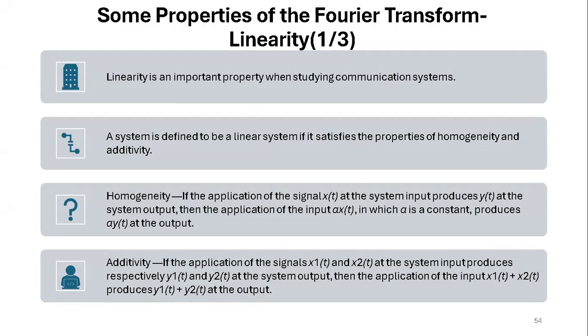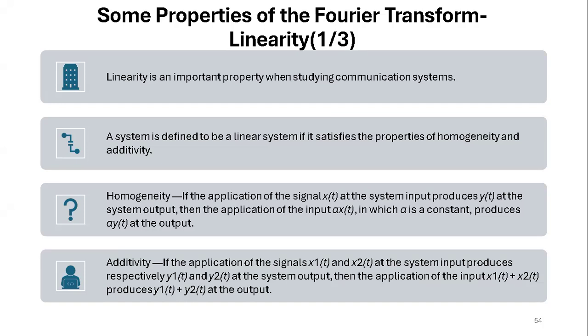Now, properties of the Fourier transform: linearity. Linearity is an important property when studying a communication system. A system is defined to be linear if it satisfies the properties of homogeneity and additivity. Homogeneity: if the application of the signal x of t at the system input produces y of t at the output, then the application of the input alpha x of t, where alpha is a constant, produces alpha y of t at the output.